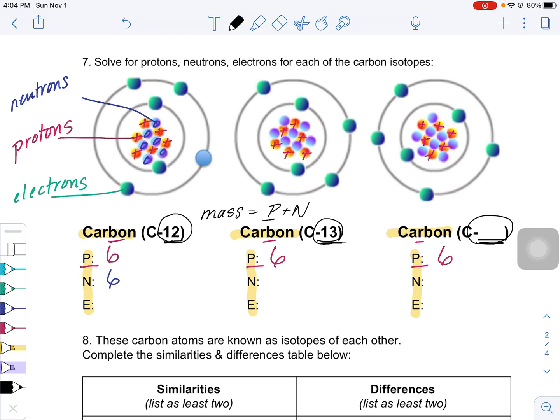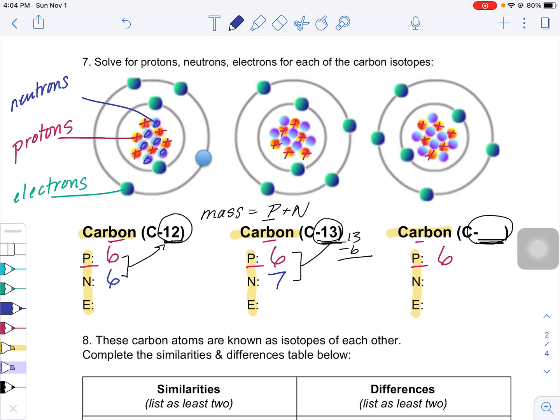So in verifying what that is, those 2 should equal my mass number. Here, I have a mass number of 13. So I'm going to go a different route here. Again, these 2 should total 13. So if I do a little calculation, that should tell me I end up with 7 neutrons.